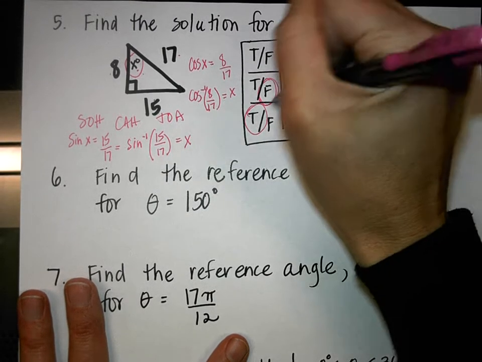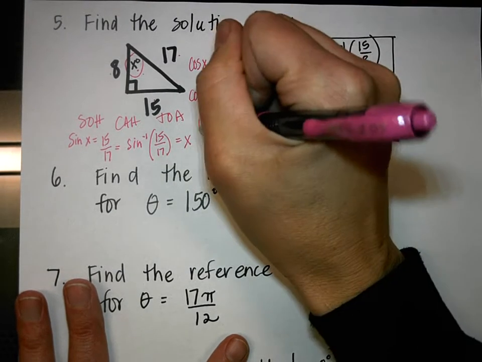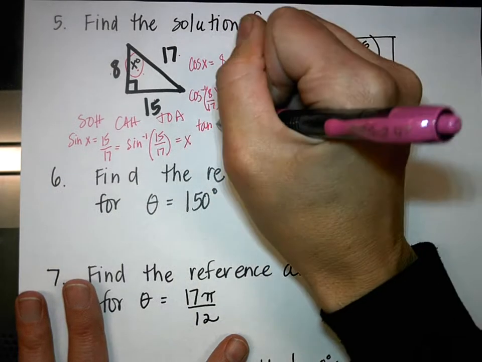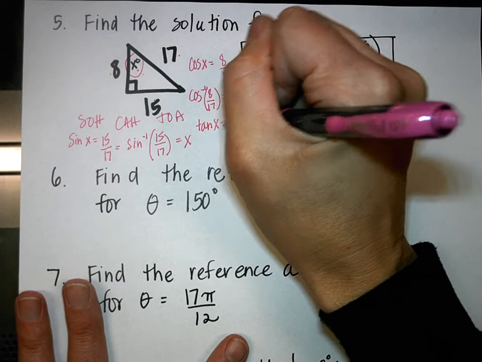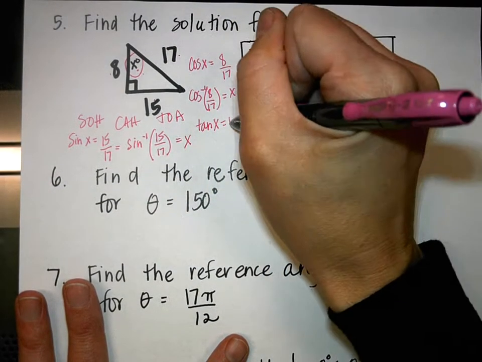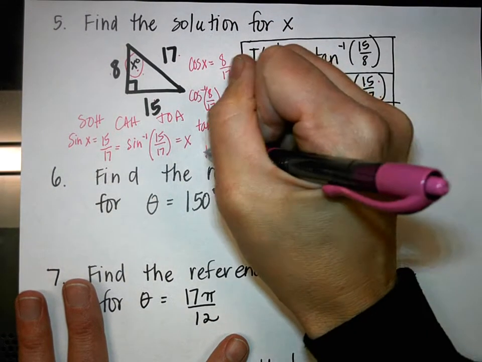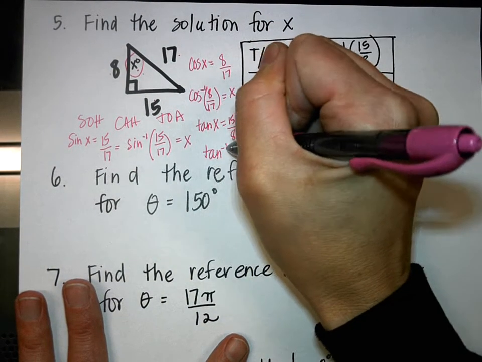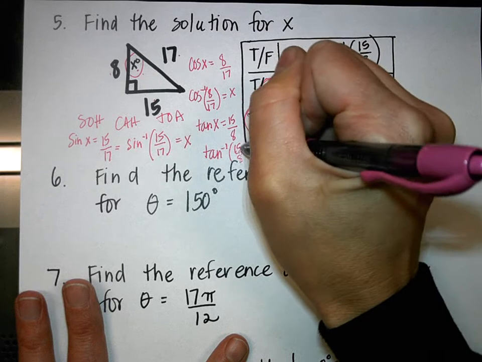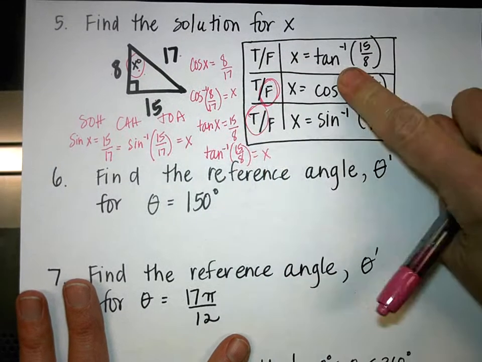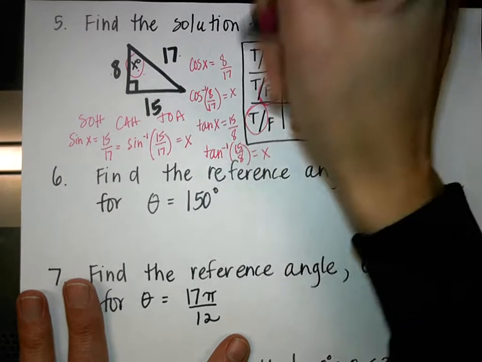That would be false. For tangent, tangent of x equals opposite, which is 15, over adjacent, which is 8. And so for finding the degree, we take tangent to the -1 of 15 over 8 equals x. And when we look, that matches what we have there, so that is true.